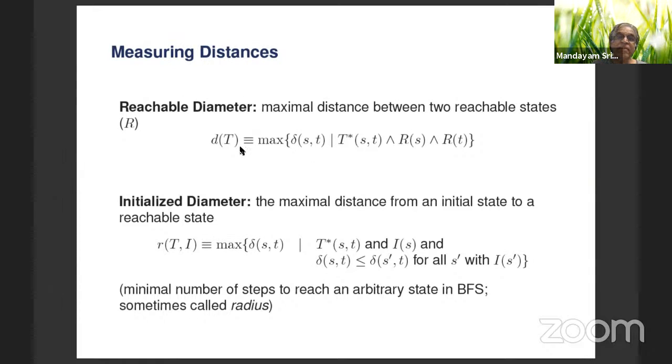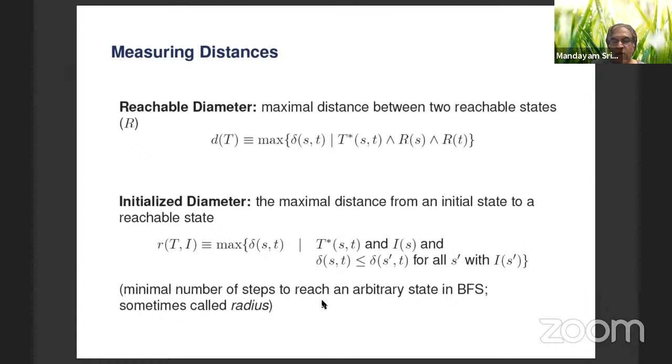The diameter is the maximum among all the distances between those two states. Then the initialized diameter is the maximal distance from an initial state to a reachable state.